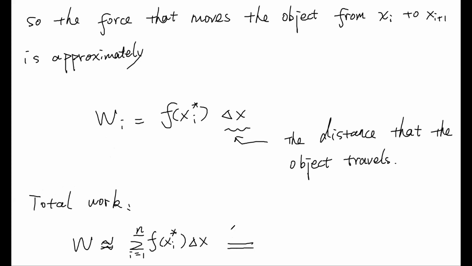And if we let n go to infinity, then this sum, this Riemann sum, will be equal to the integral of f of x dx from a to b. And this is how we get this formula.